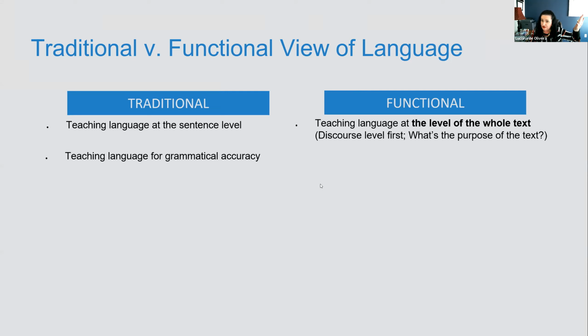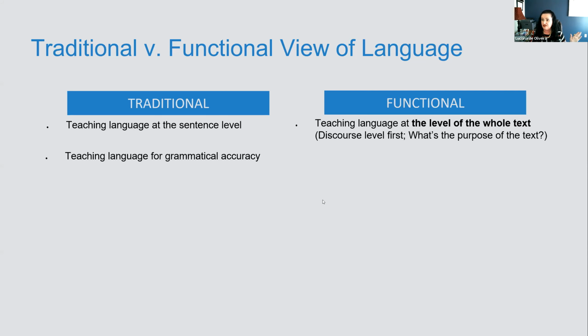In a traditional view of language, we were teaching language for grammatical accuracy. How many of you, when you got students' drafts, went and identified all of the different errors, quote unquote, grammatical errors that students made? No more. We don't want to do that.